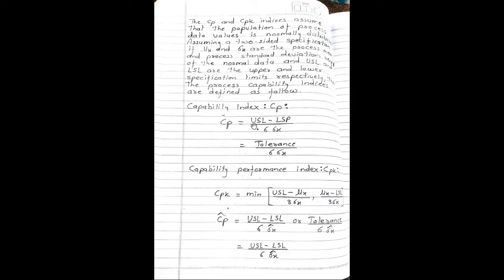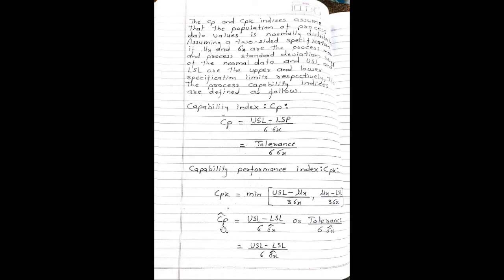CP is given by upper specification limit minus lower specification limit divided by 6 sigma x, which is equal to tolerance divided by 6 sigma x. And capability performance index is nothing but CPK, which is defined as minimum of (upper specification limit minus mu x) upon 3 sigma x, comma, (mu x minus lower specification limit) divided by 3 sigma x.